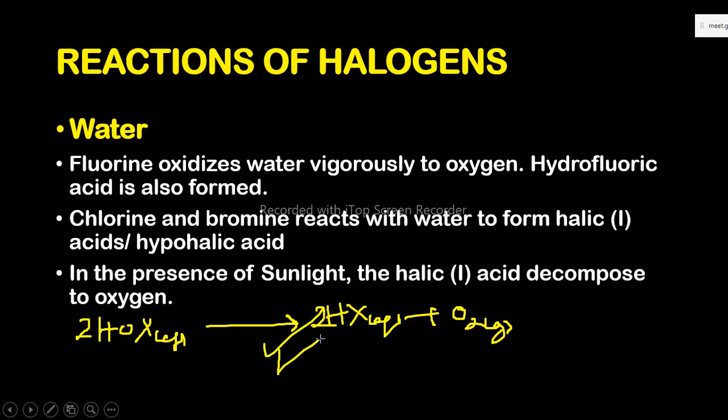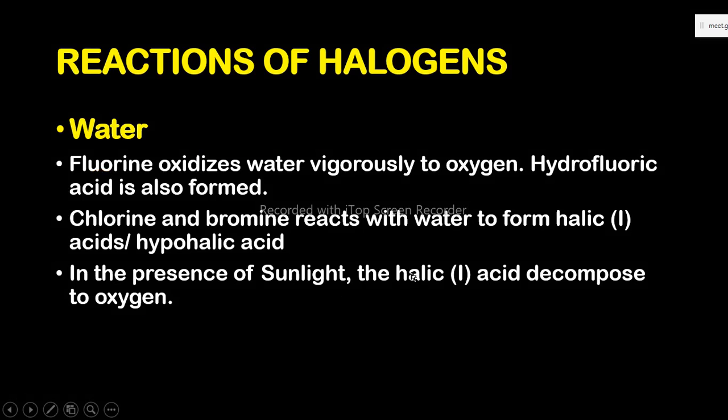So basically that's how simple it is. Maybe for fluorine here, it is also diatomic, so you can write F2 instead of just writing one F gas, and continue with your equation.